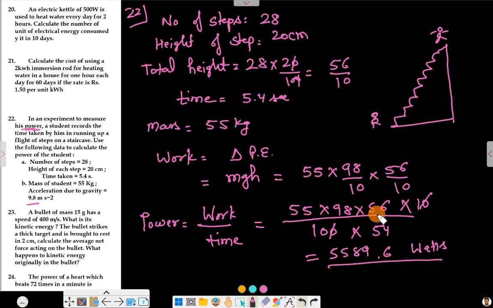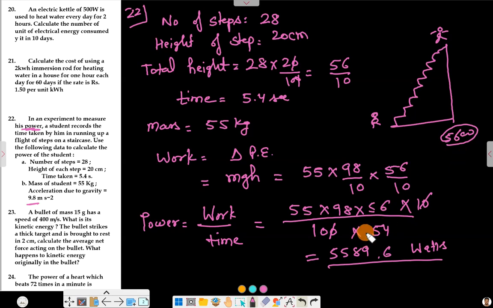You can get an idea also from this that 55 and 54 will get cancelled. If you are doing this in an exam and you don't have a calculator, then this is 55, this is 54. They will get cancelled. Assume this as 100 and this as 56. So even with approximation you can get the answer up to 5600, and we are very near to this answer.